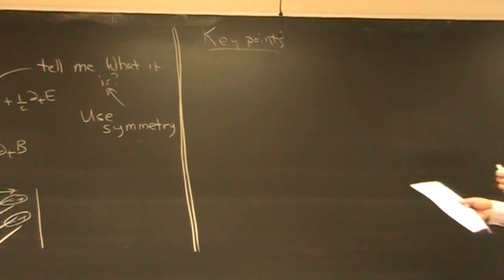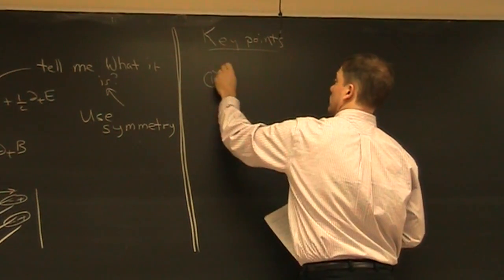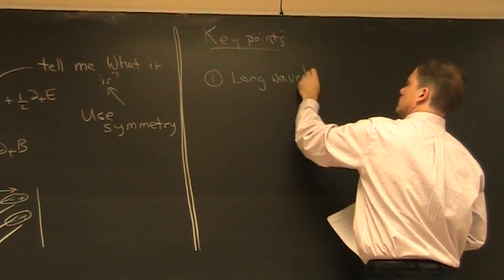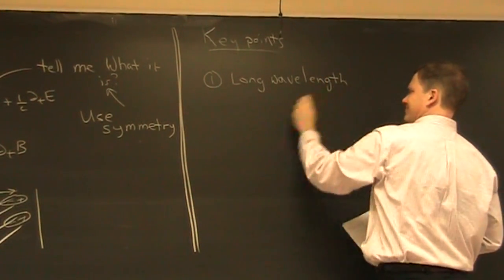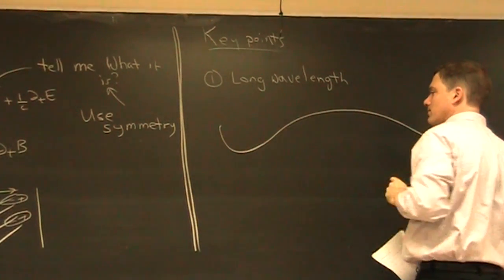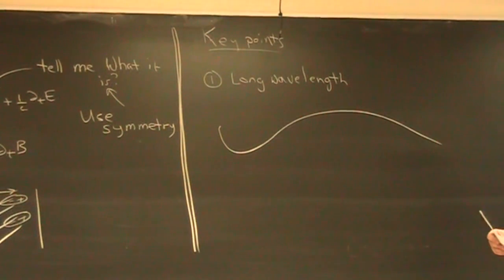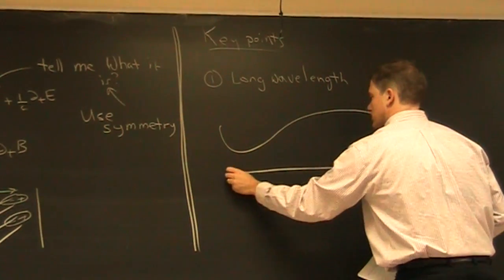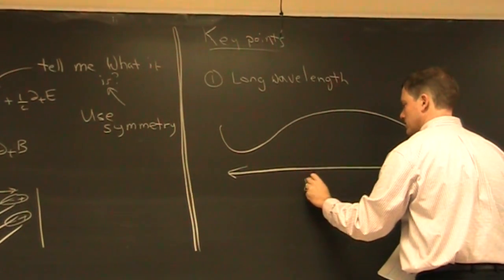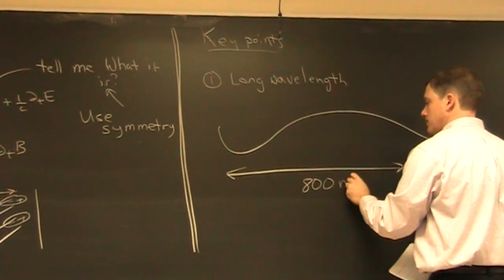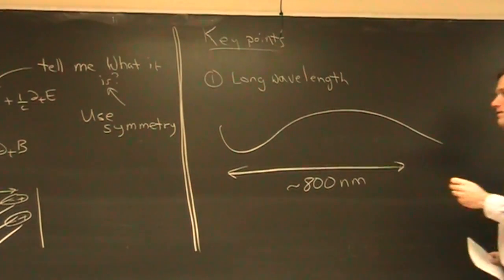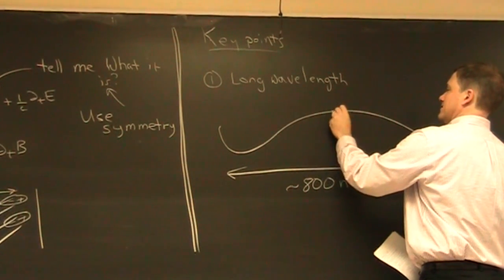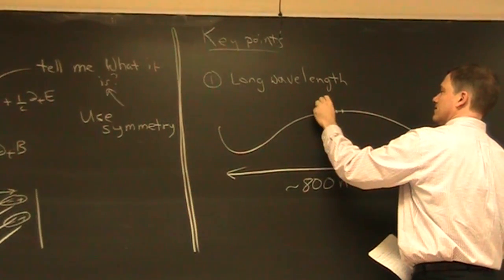One of the main things is of course it's very long wavelength. You have some wave. The typical wavelength here is hundreds of nanometers. And the typical spacing between particles is angstroms, right?